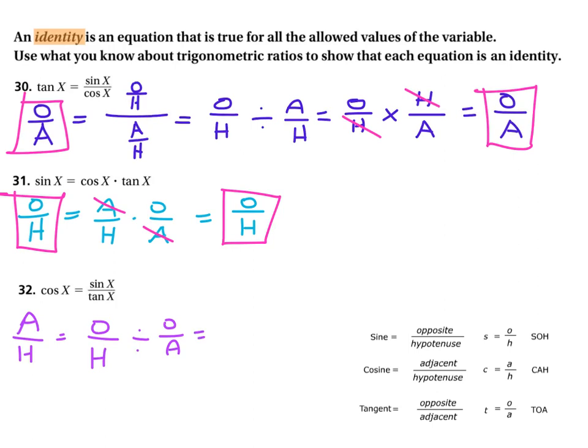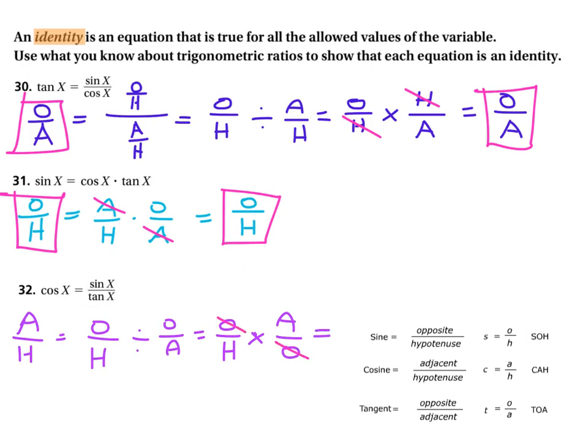Okay? Our stay, switch, flip rule says the first one is going to stay what it is, opposite over hypotenuse, stay. Switch, we're going to switch from division to multiplication, and flip, we're going to flip that second fraction to its reciprocal, adjacent over opposite.